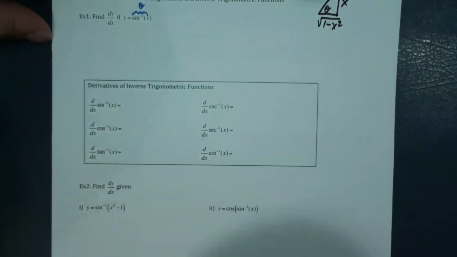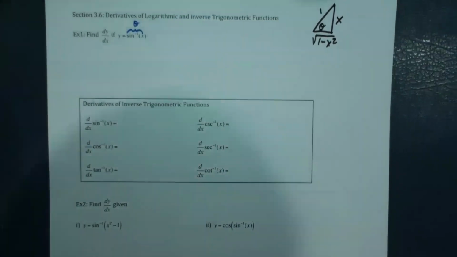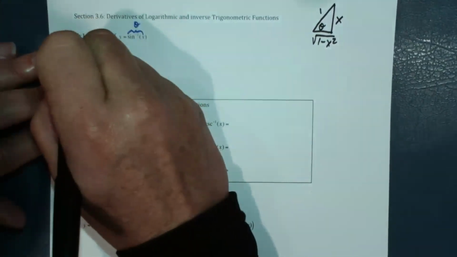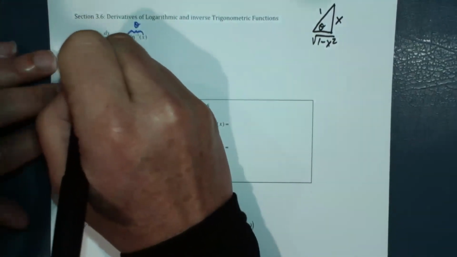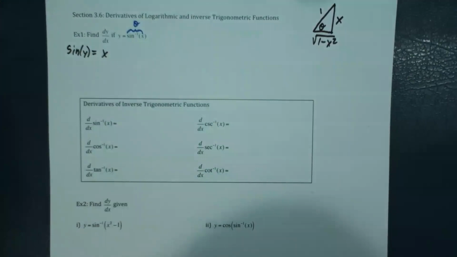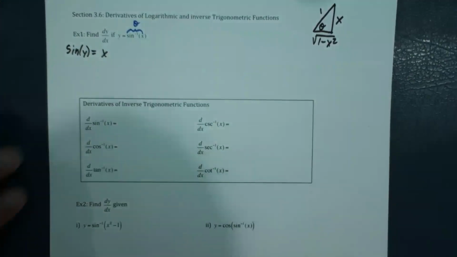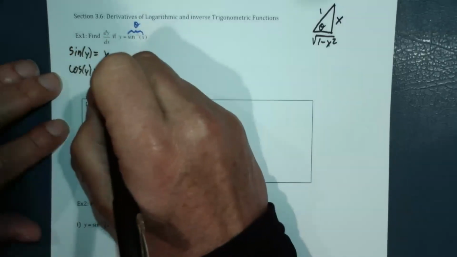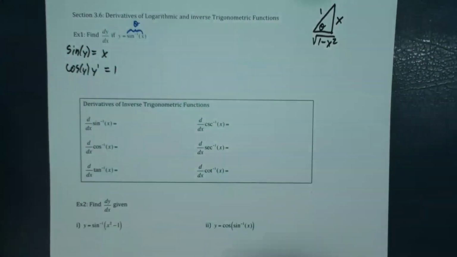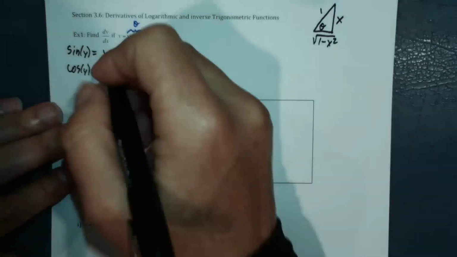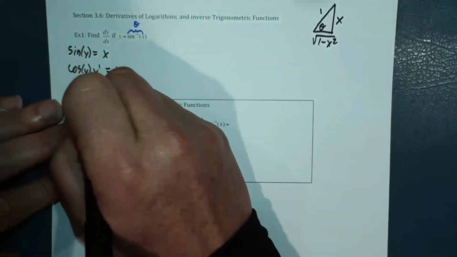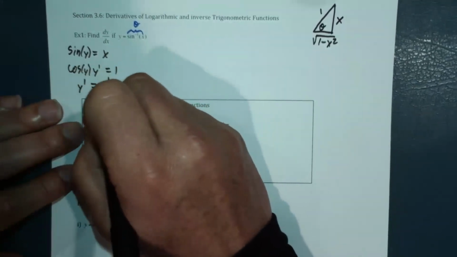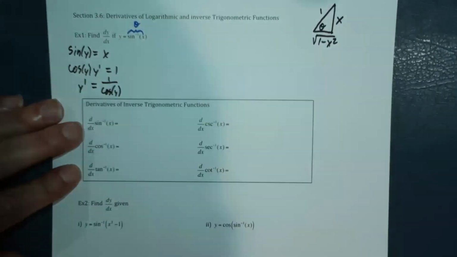All right, I am going to rewrite this as the sine of y equals x. And I'm going to do implicit differentiation. Cosine of y, y prime equals 1. Which means y prime equals 1 over the cosine of y.